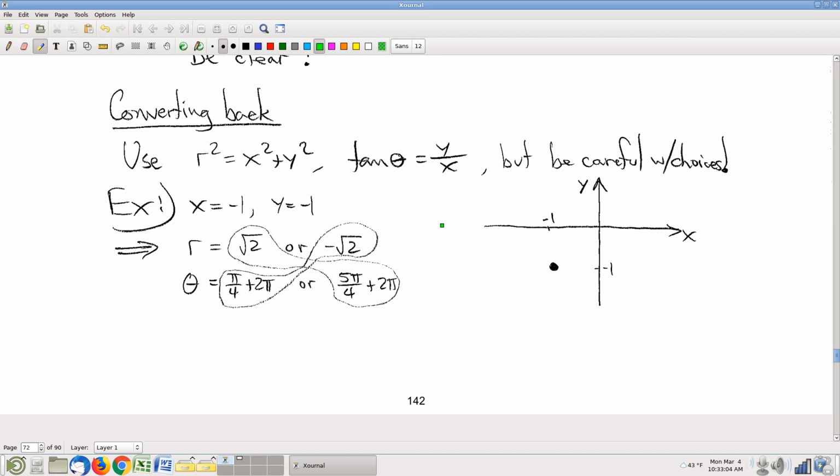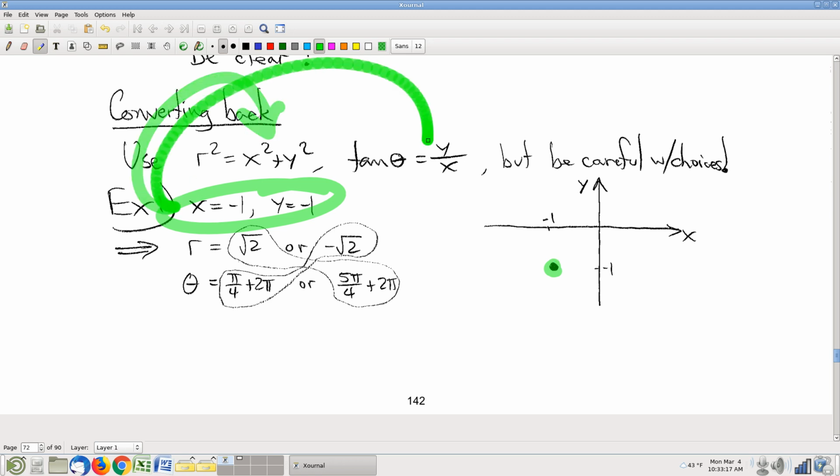It's not quite so. My favorite example along these lines is to look at this point right here, -1, -1. If you take these x's and y's and just plug them in here, not thinking carefully at all, and take the most obvious values you can think of for r and theta, what you will find is that you get these two numbers here, square root of 2 for r, pi over 4 for theta.